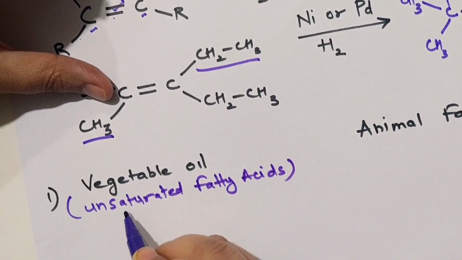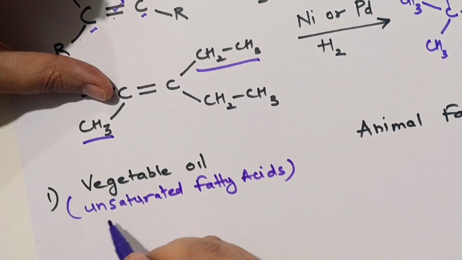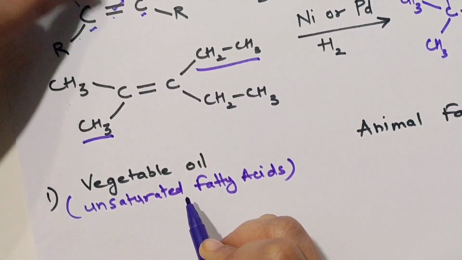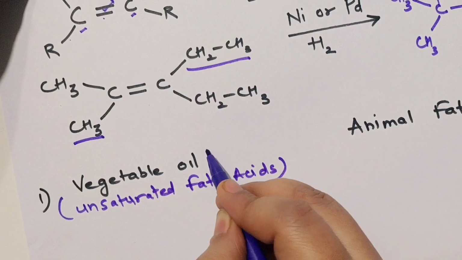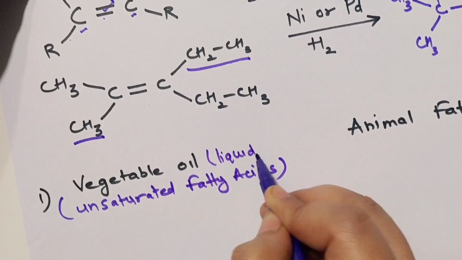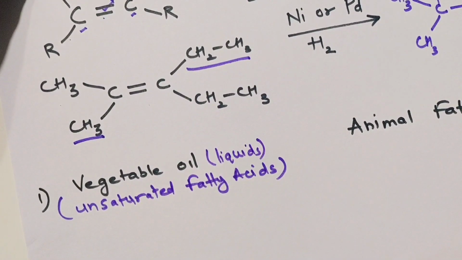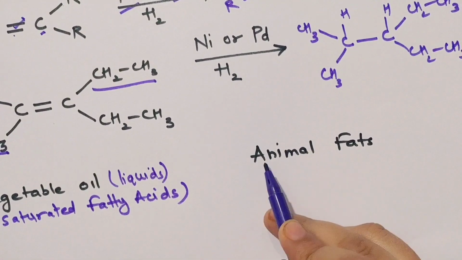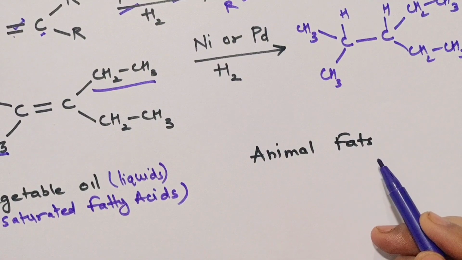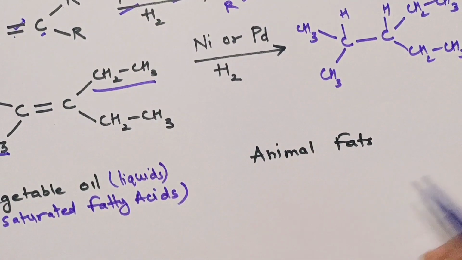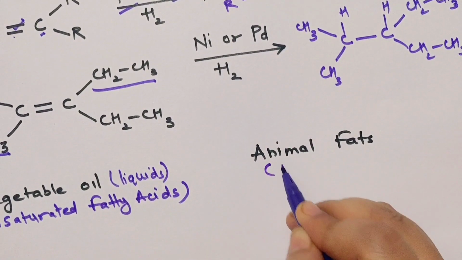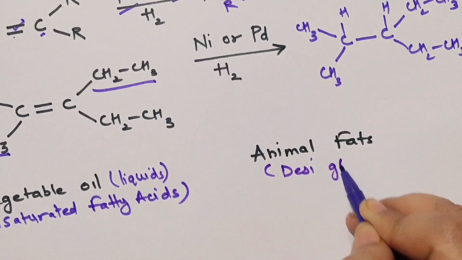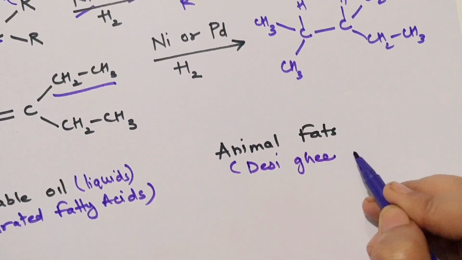That means they have carbon-carbon double bonds. Okay, there are many carbon-carbon double bonds here. And they are liquid. Oils are liquid, like your soybean oil or your palm oil, right? Animal fats, on the other hand, are the ones which are derived from animals, such as your desi ghee. Now this is saturated.